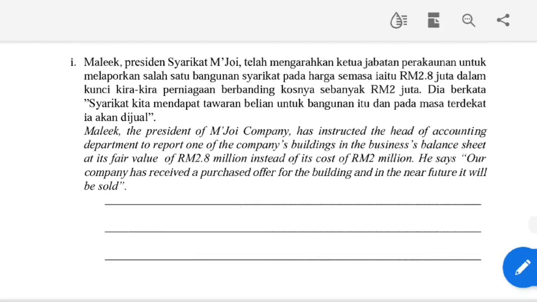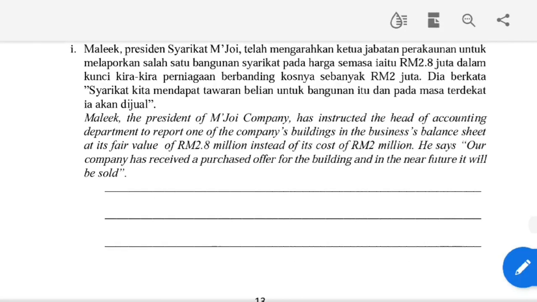Malik, the president of M-Joy Company, has instructed the head of the accounting department to report one of the company's buildings in the balance sheet at its fair value of 2.8 million instead of its cost of $2 million. He says, our company has received a purchase offer for the building and in the near future it will be sold. So what do you think?